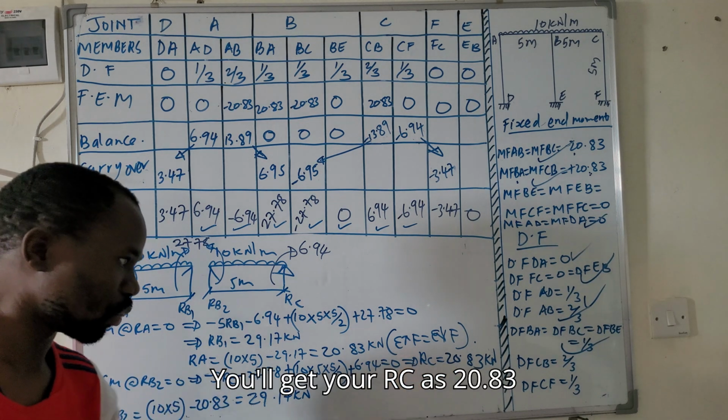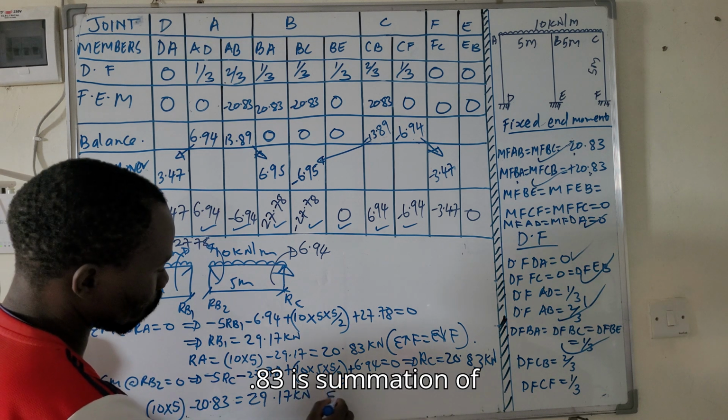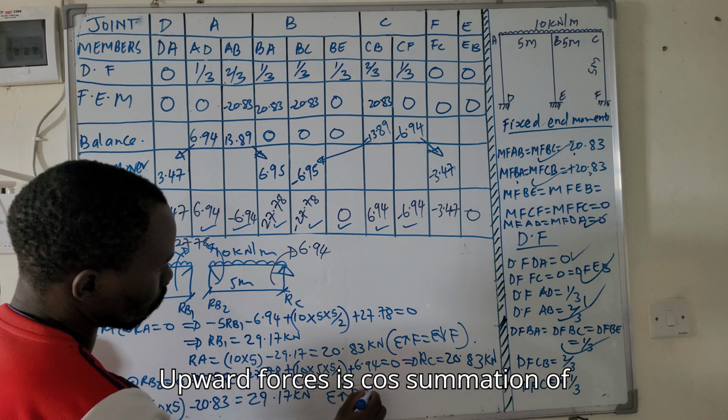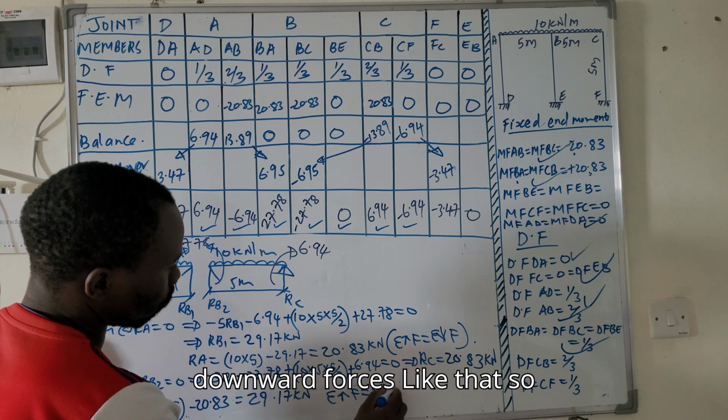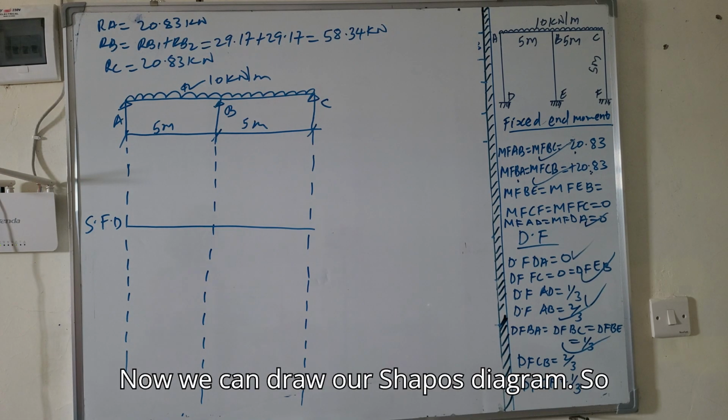You'll get your RC as 20.83. Then RB2 will be 10 times 5 minus 20.83. The reason is summation of upward forces is equal to summation of downward forces. Now we can draw our shear force diagram.